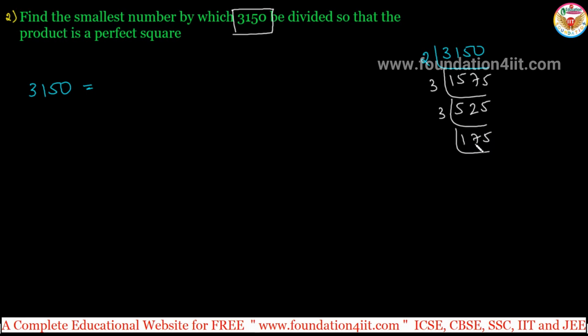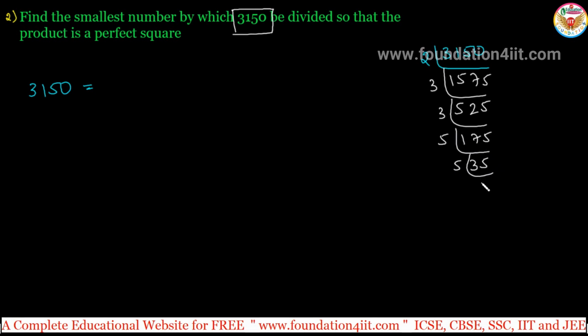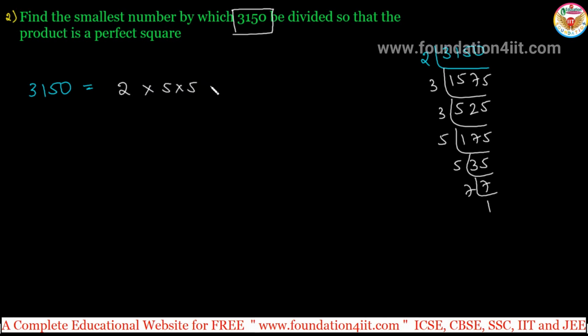Now this is not divisible by 3, so next we take 5: 5 3s are 15, 25, 5 5s are 25. Then again 5 into 7 is 35, 7 1s are 7. So finally 3150 is 2 into 5 into 5 into 3 into 3 into 7.